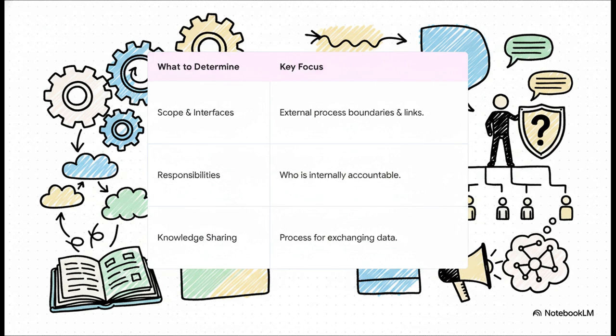First is the scope and interfaces. Basically, where does their work stop and yours begin? How do the two connect? Second, responsibilities and authorities. You have to know who on your team is ultimately accountable for that external provider. And third, knowledge and information sharing. What's the process for sharing critical data back and forth? I mean, without clear answers to these questions, you simply can't have real control.